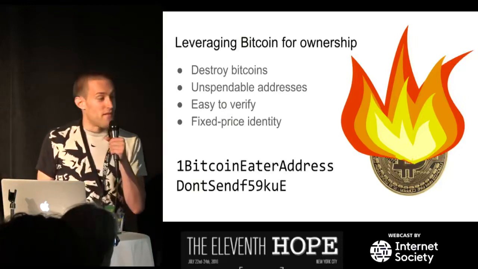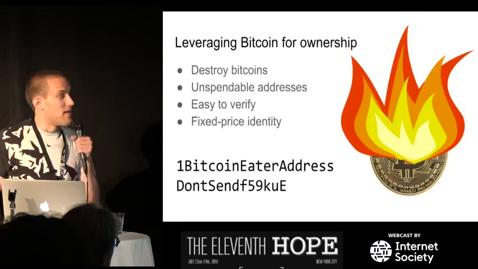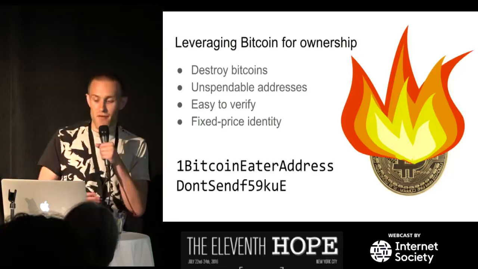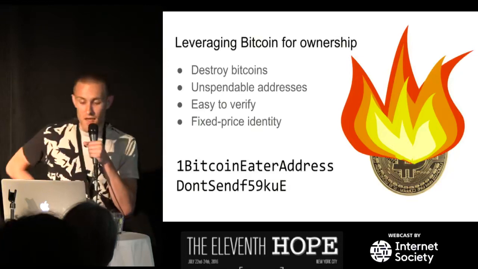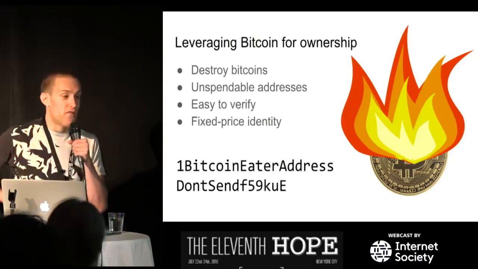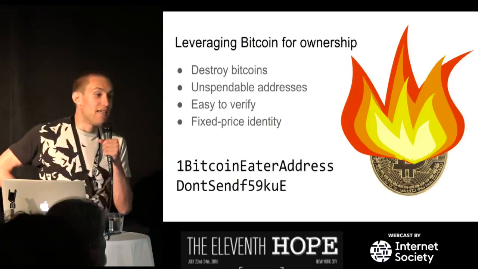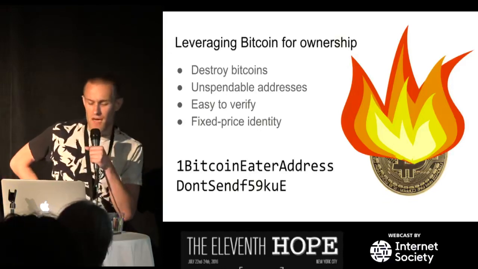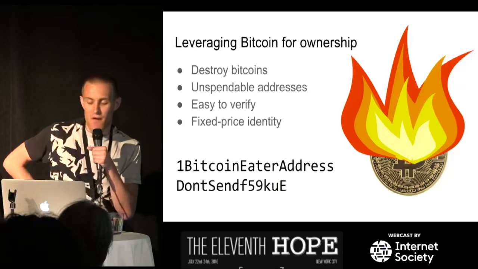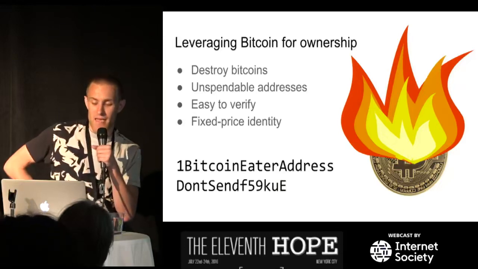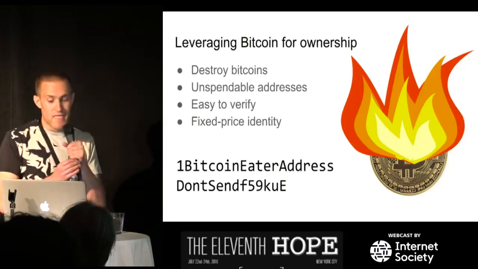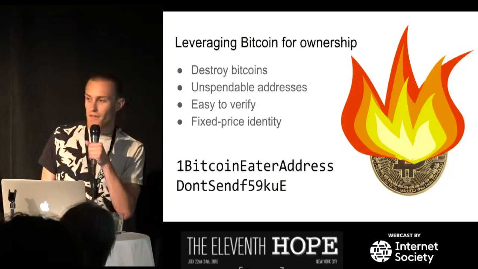So the great thing about Bitcoin is that it's easy to verify that somebody has sent a particular amount of money into an unspendable address. So what we can say is if you want to sign up for an identity in the system, like a username or an account, if you want an identity, you have to pay a fixed price for that. And we can say that each identity has an equal say in the system.